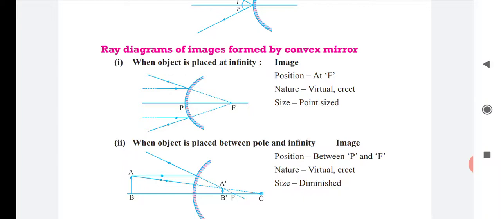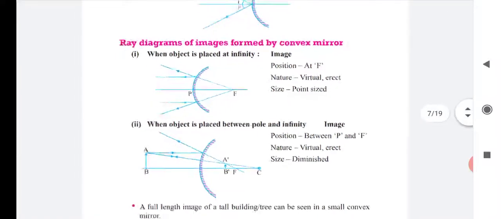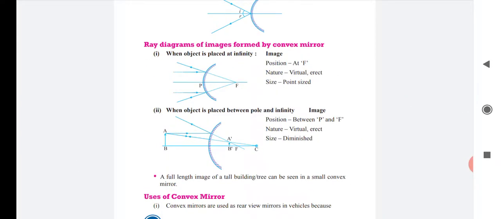First, we place the object at infinity, and we get the image at position F, and the nature is virtual, erect, and the size is point sized. Next, we place the object anywhere between pole and infinity, and we get the image between pole and focus, on the right side of the mirror, and its nature is always virtual, erect, and the size is diminished. So these are the ray diagrams associated with convex mirror.